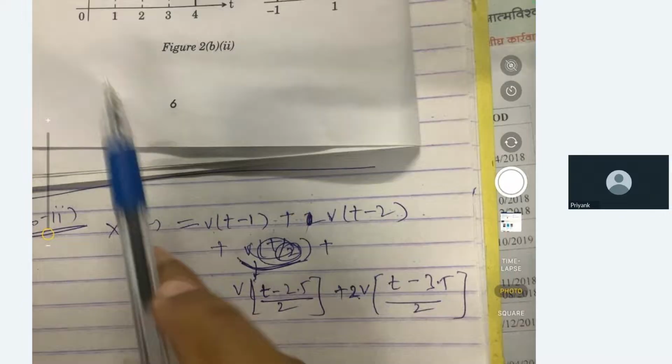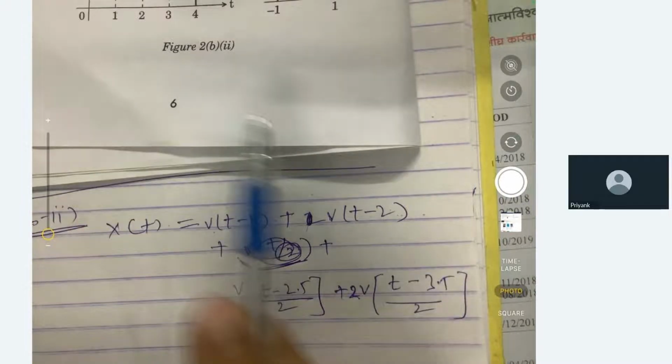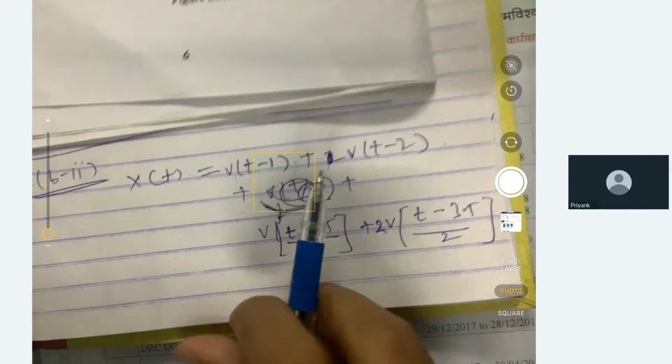Already there. Another approach may be to shift it by 2. So let's do it again. That will be easier.